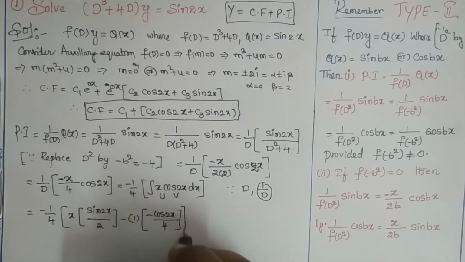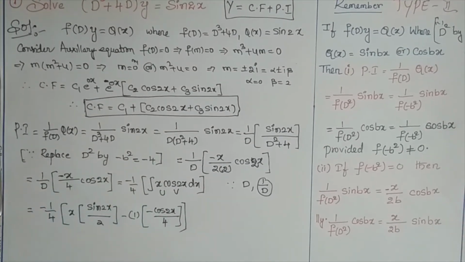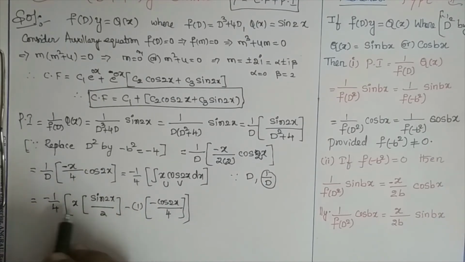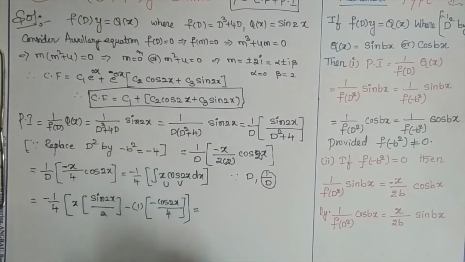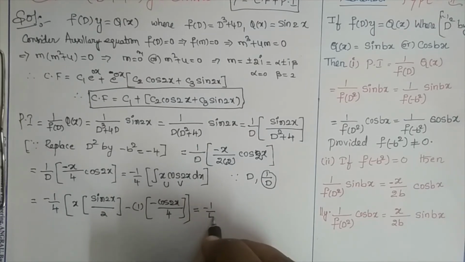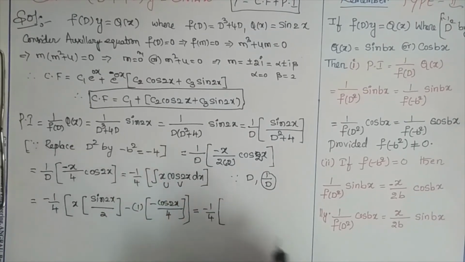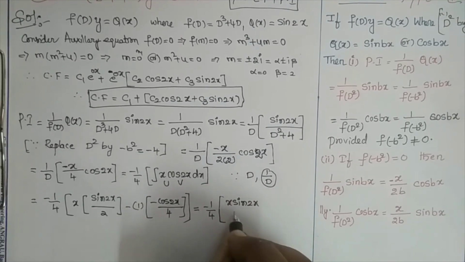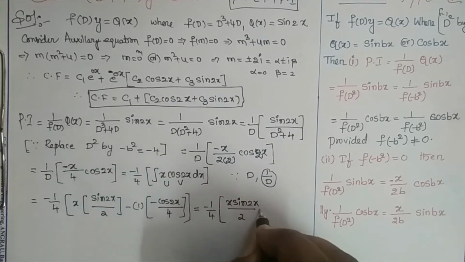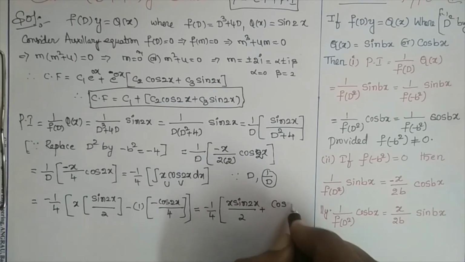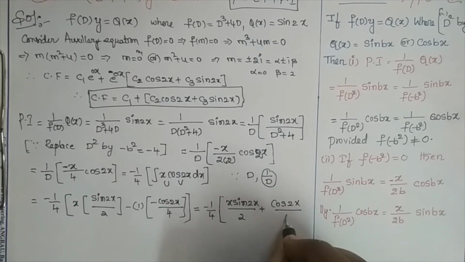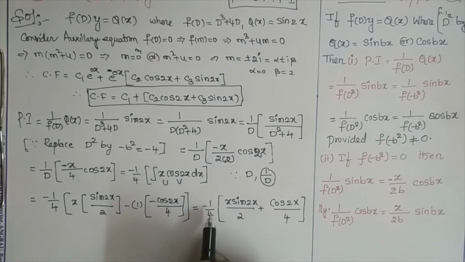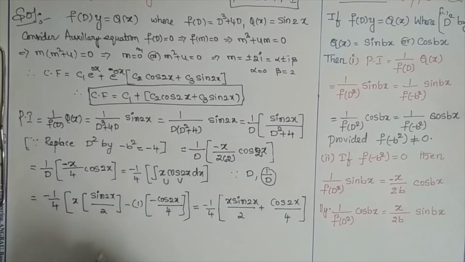The next term will be 0 because the differentiation of 1 is 0. We can simplify this: minus 1 by 4 into x sin 2x by 2, minus into minus plus, cos 2x by 4. So this is the simplified particular integral.